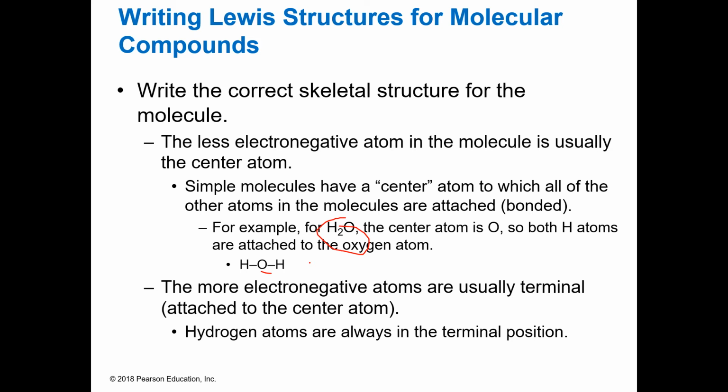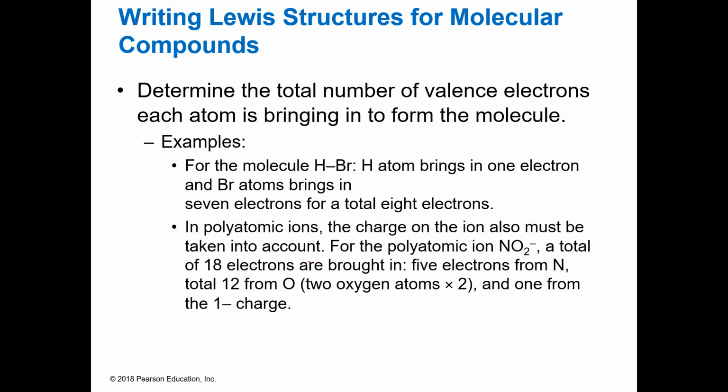That is not always the case. The one thing you need to remember about hydrogen is it's never going to be in the middle because hydrogen has 1 valence electron. It only needs 1. It's only going to form a single covalent bond, so it's going to be on the outskirts. So hydrogens are always in that terminal position.